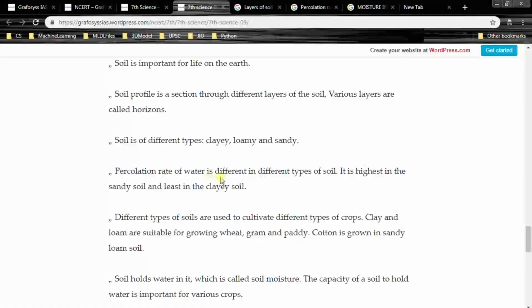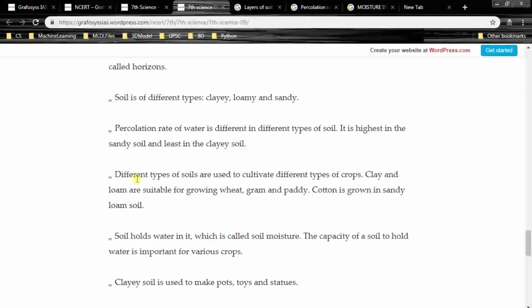Percolation rate of water is different in different types of soil. It is highest in the sandy soil and least in the clayey soil. So the rate at which water is absorbed. Different types of soils are used to cultivate different types of crops.